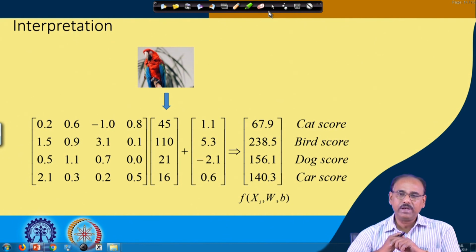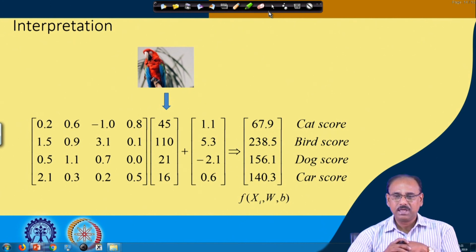As you know, when you take the dot product of two vectors, it gives you a measure of similarity. If the two vectors are similar, then the dot product will be higher. If the two vectors are dissimilar, then the dot product will be lower. Going by that, I can consider the operation of a linear machine as a template matching operation.